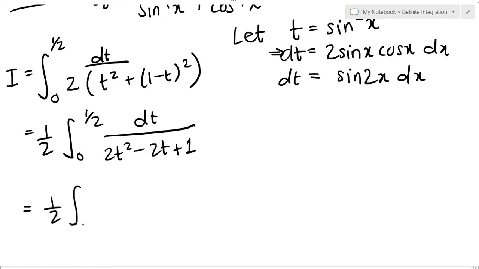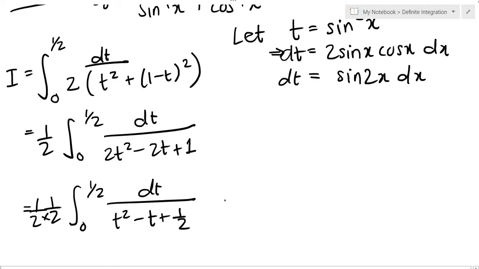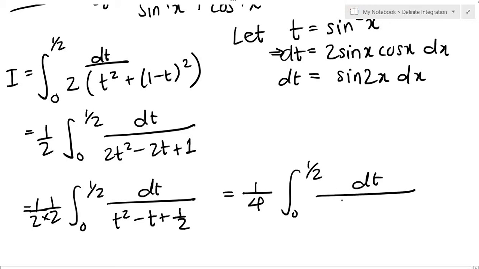You have a half, integral from 0 to half of, I would like to pull a 2 out from the denominator, so you have another half multiplied, half into half, dt all over t squared minus t plus half, and 1 by 2 into 1 by 2 is 1 by 4, integral from 0 to half of dt all over. Now we can complete the square.